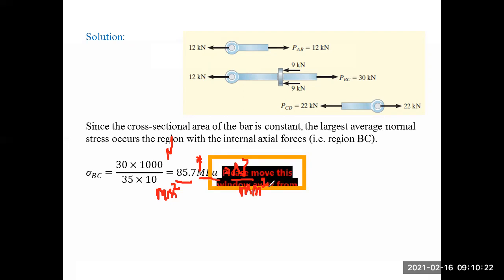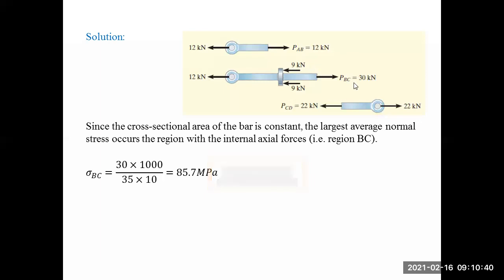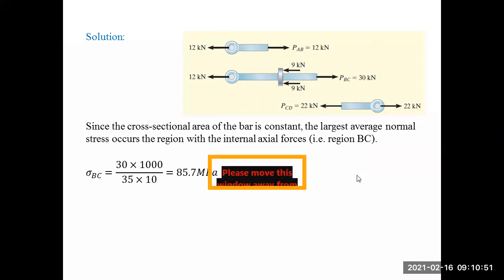Megapascal is newton per millimeter square, as we mentioned. So either you write it as newton per millimeter square or you say megapascal. The same thing for newton per meter square: you either say newton per meter square or you say pascal. But usually we refer to it as megapascal or pascal for the stress.